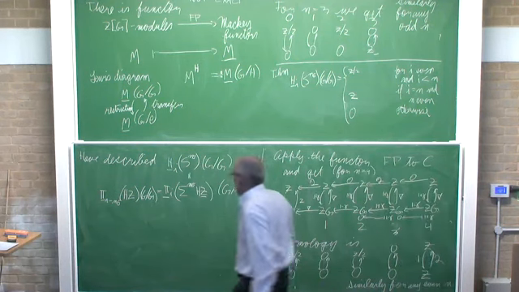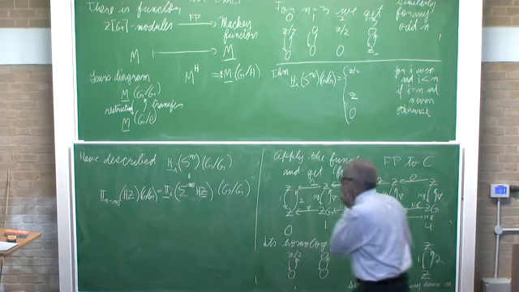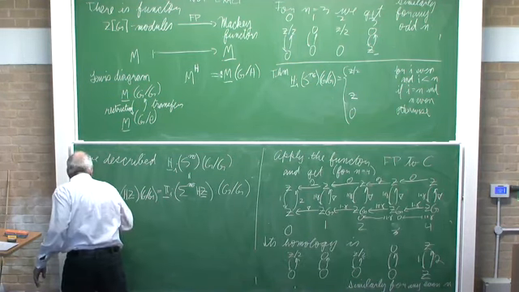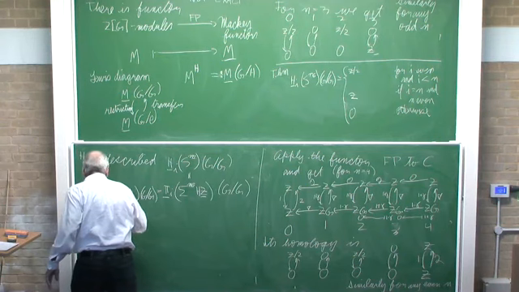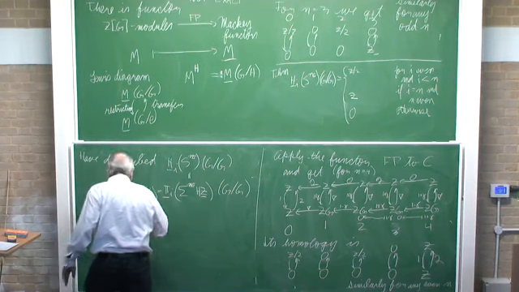Okay, so I want to consider the following. I want to look at the case where i equals 0, n equals 1.